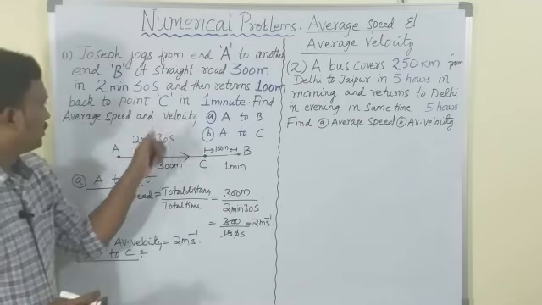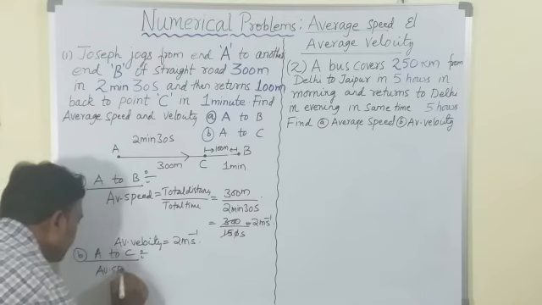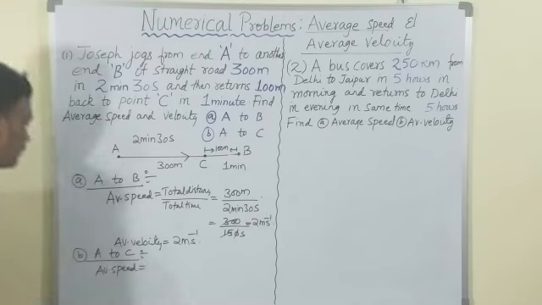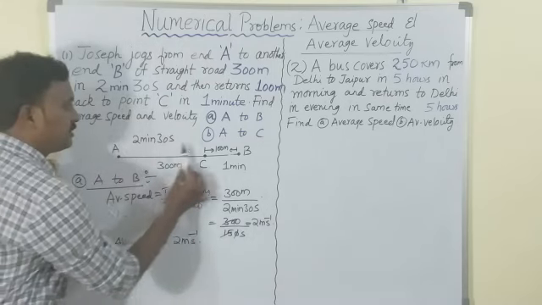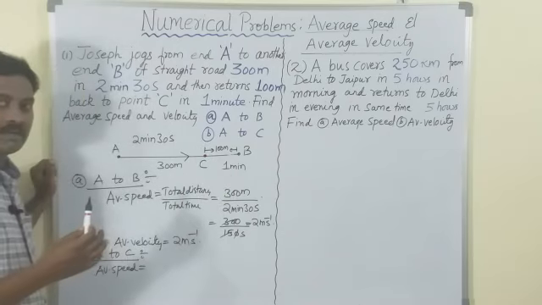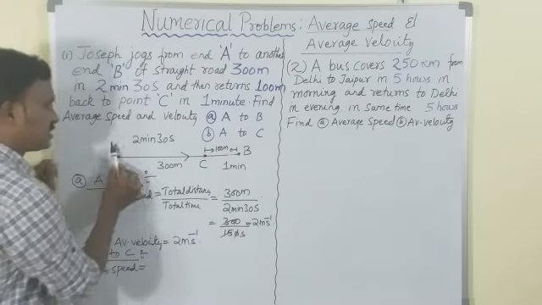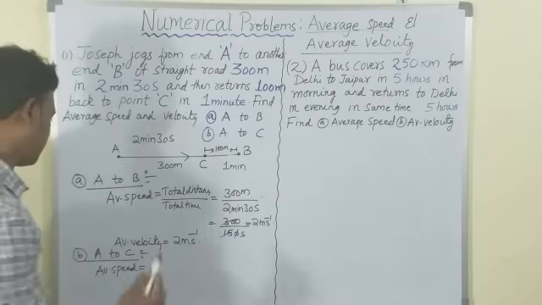First let us see average speed. What is average speed? It's total distance by total time. The body is coming here and then coming back to here. So what is the total distance? It is 300 plus 100, which is 400 meters.